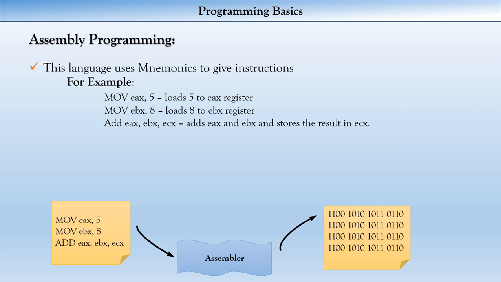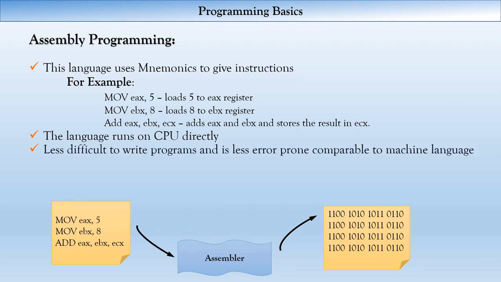So it says move 5 to EAX register. Then we will say move EBX 8, which means load 8 to EBX register. Now add EAX, EBX and ECX. This statement represents add EAX and EBX and store the result in ECX.